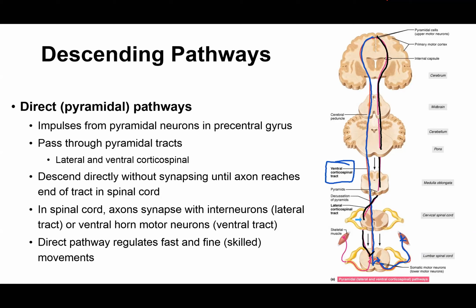So we're going to synapse here, and then we see the interneuron, right? So let me put that one in a different color. Here's our interneuron. And the interneuron is going to synapse on the lower motor neuron, which will exit the spinal cord and go on to synapse on the target skeletal muscle.